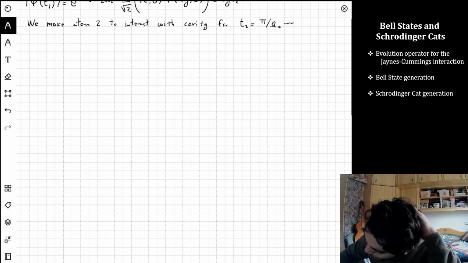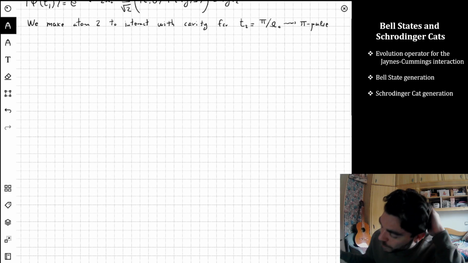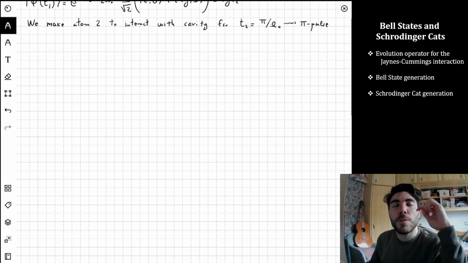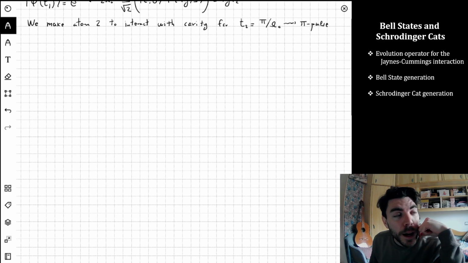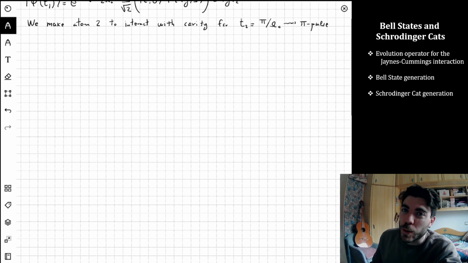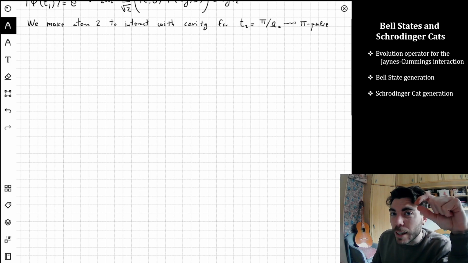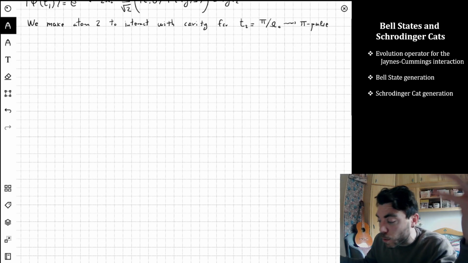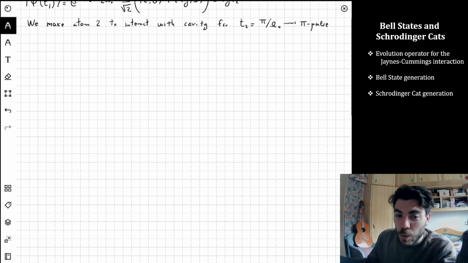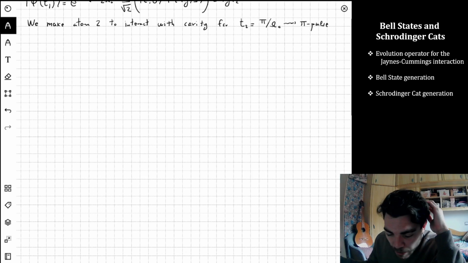So this is kind of like a pi pulse, right? So atom 2 is in the ground state, so if it is a pi pulse, it is going to want to go to the excited state. But the starting point of the cavity is a quantum superposition between 0 and 1. So let's see what happens.